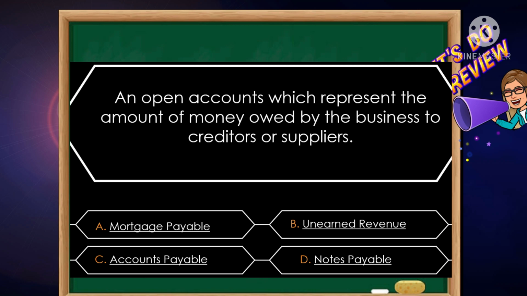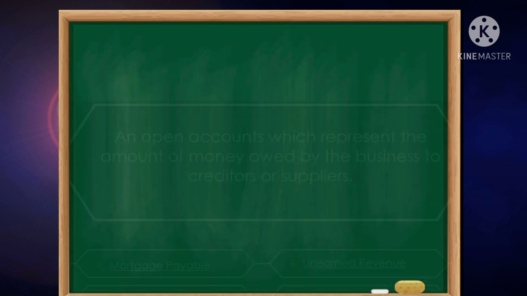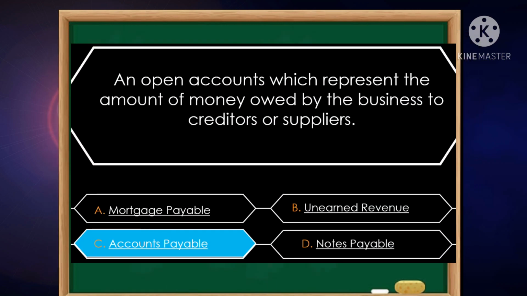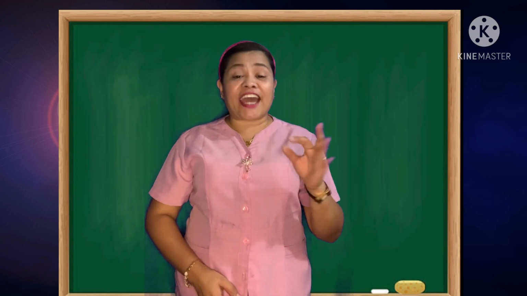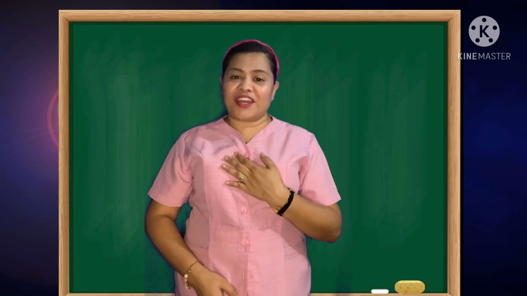Such a hard question though. However, if you have recalled it from our previous lesson, your answer should be C, accounts payable. Awesome, right? With that, I am pretty sure that you are very much ready for the next lesson.